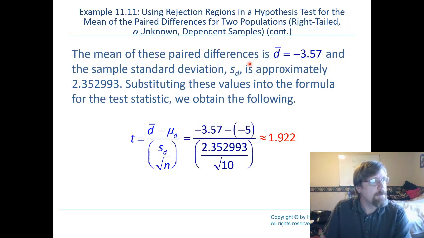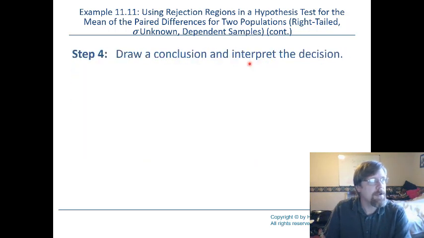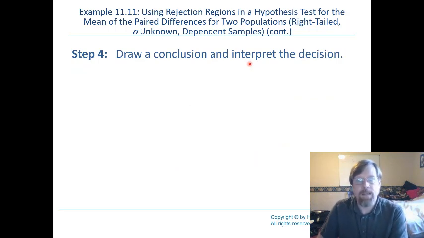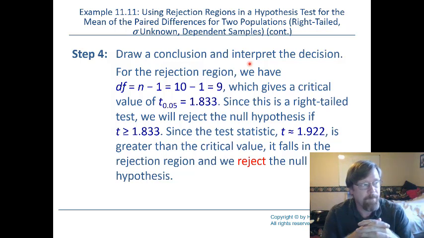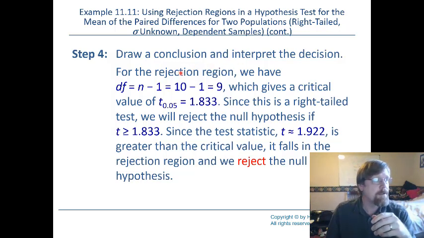Okay, so next step is to draw a conclusion and interpret the data. So with the t-test, unless we're doing it electronically where it's going to give us a p-value that we can compare to our level of significance, we're going to need to compare it to a critical t-value to make a rejection region. So critical t-value, we need the degrees of freedom.